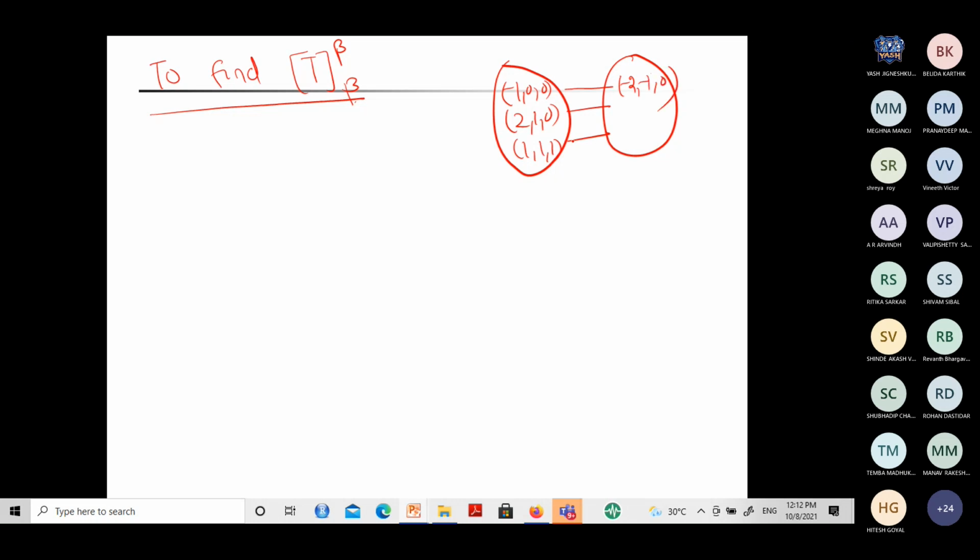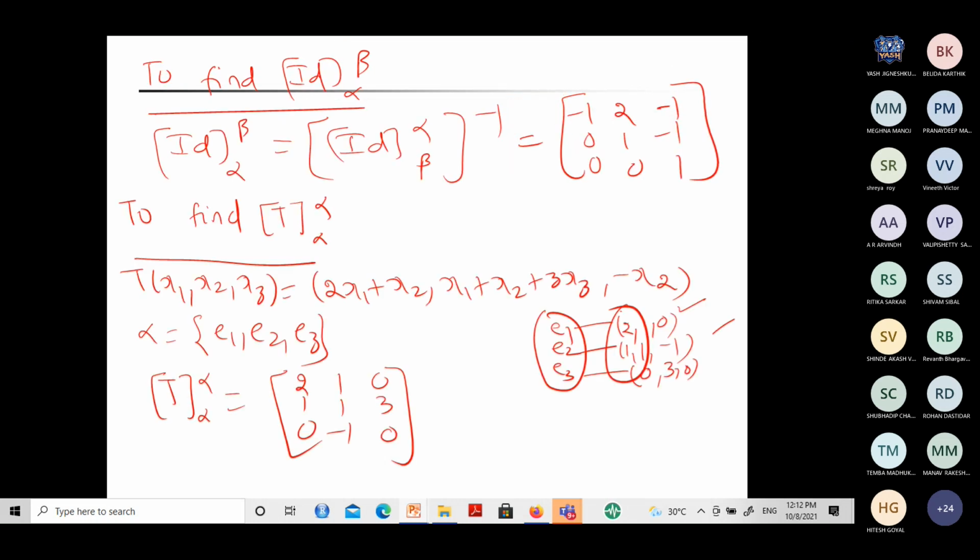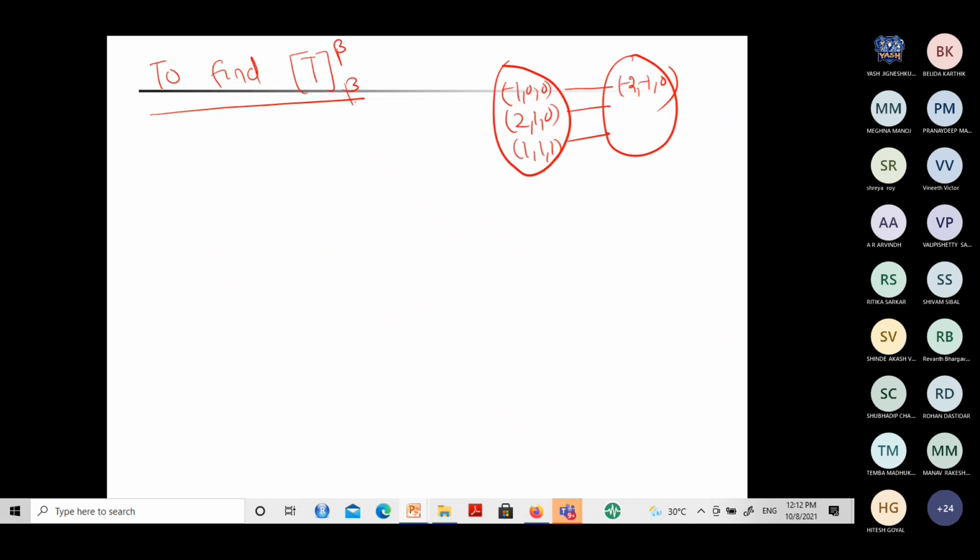Then (2, 1, 0), where does it go? (5, 3, -1). Then (1, 1, 1), where does it go? (3, 5, -1). So T of (-1, 0, 0) is (-2, -1, 0).